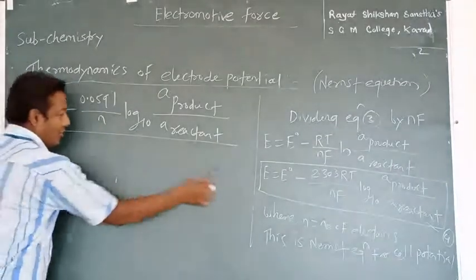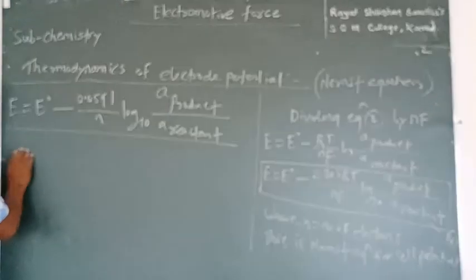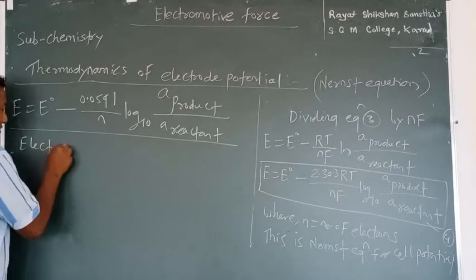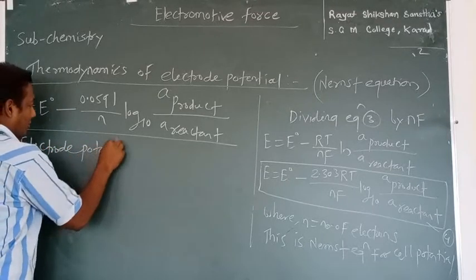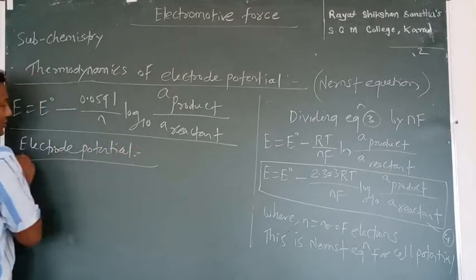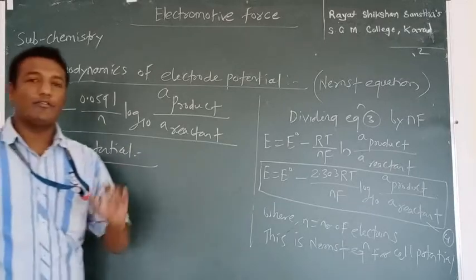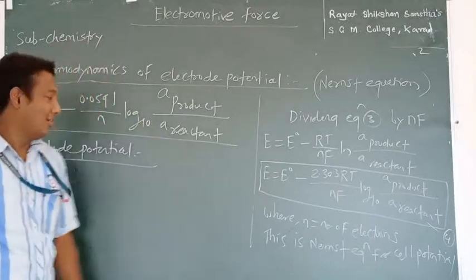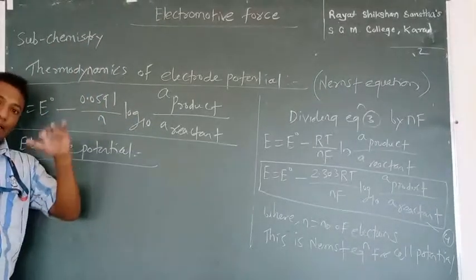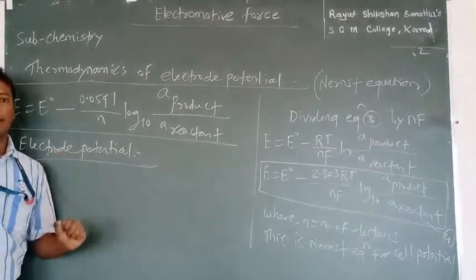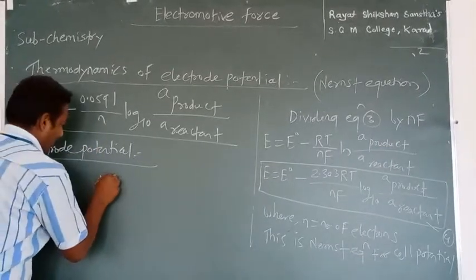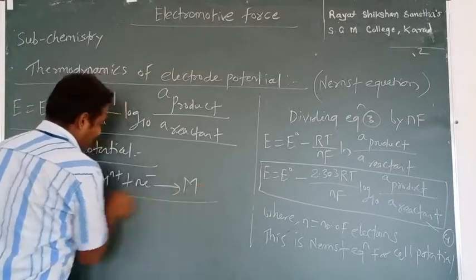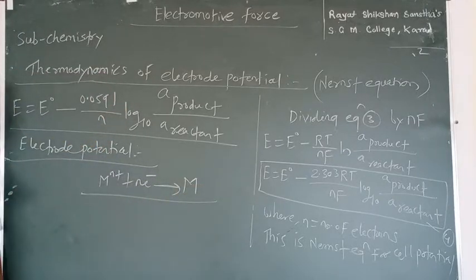Now we will write the Nernst equation for electrode potential. How can we write it? Consider a metal dipped in a solution containing its own ions. This reaction will happen over there.